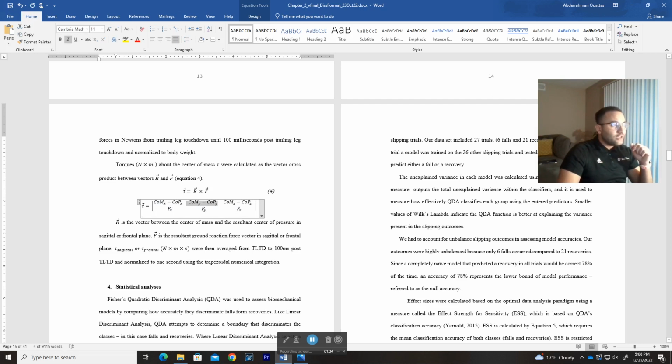And in the y, you subtract center of pressure from center of mass, so center of mass y minus center of pressure y. You always have to start from the center of mass, and then subtract the center of pressure. So you have these calculations.